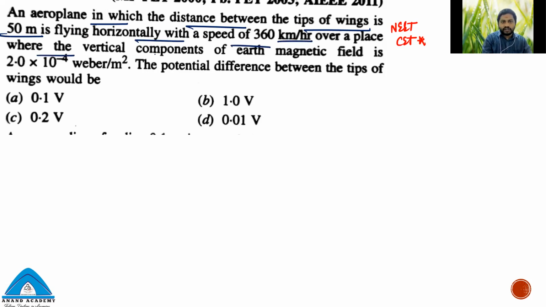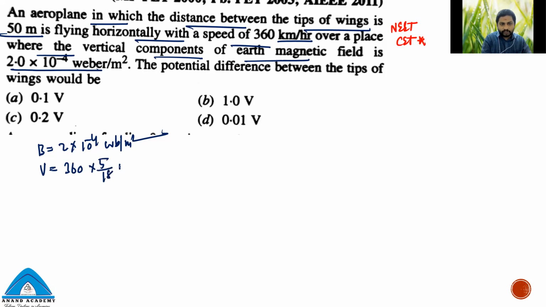The vertical component of the Earth's magnetic field is 2 into 10 raised to minus 4 Weber per meter square. Listen, the magnetic field is given as 2 into 10 raised to minus 4 Weber per meter square, and V is given as 360 kilometers per hour.